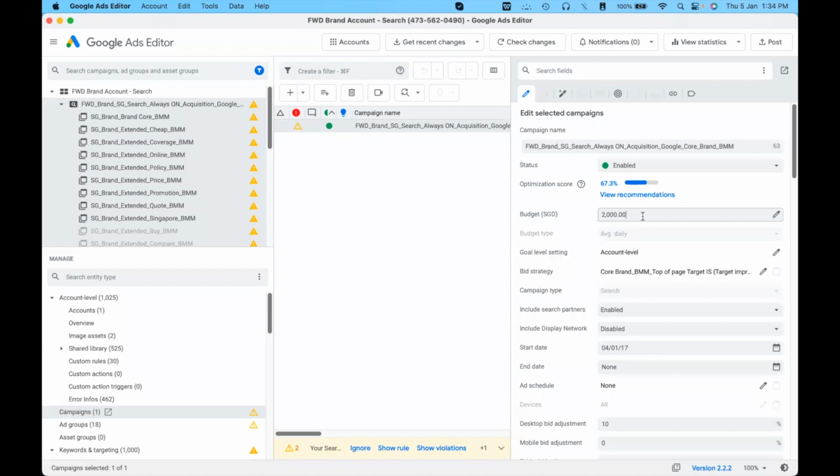It is a good and widely accepted practice that you should put the budget as a daily budget only. But sometimes, say a client is running a promo campaign. I told you there are BAU campaigns, business as usual or always on campaigns, and then there are promotional or tactical campaigns. You can see that this campaign says always on, and it has no end date. That means it will go on and on until I manually pause it.